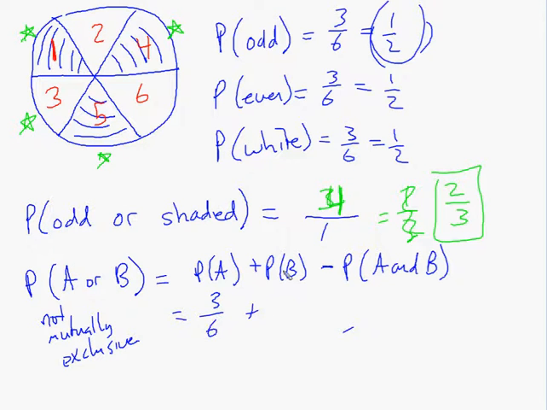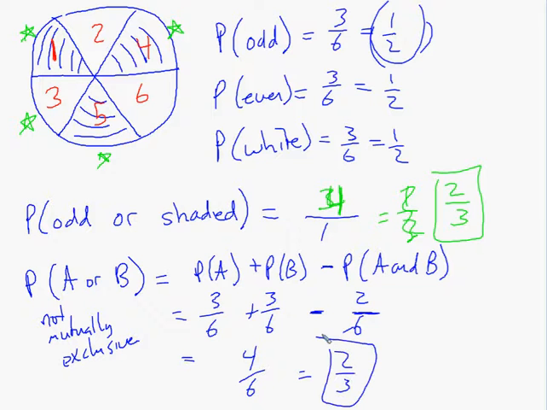The probability of event B, which is the shaded, is still 3/6. But I need to subtract out the probability that both of these happen, and that would be, in this case, 2/6. So I get 3 plus 3 is 6 minus 2 is 4. 4/6, which reduces to 2/3.